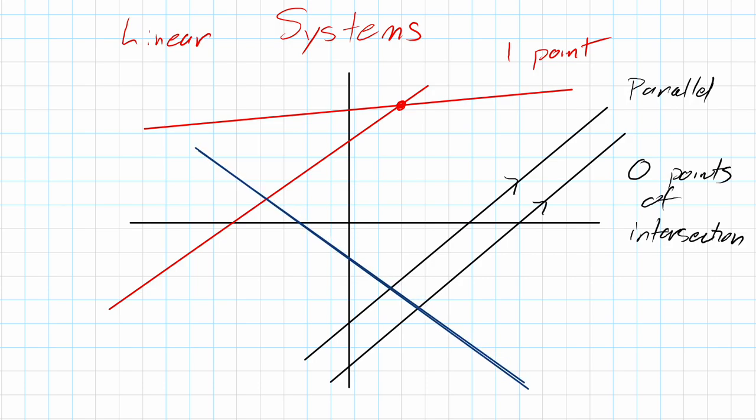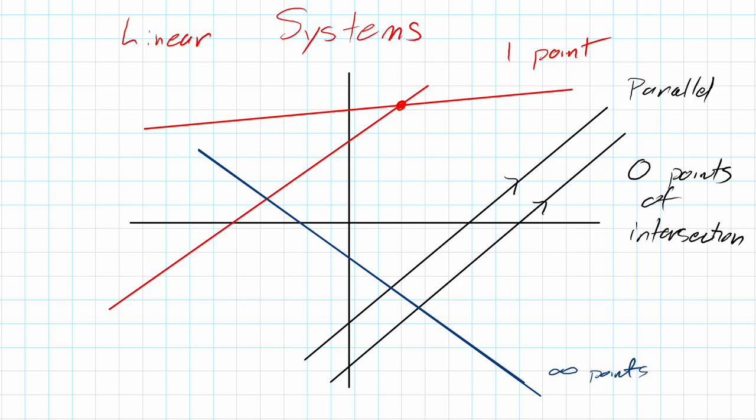Hopefully it makes it look a little thicker. It goes like this. These are systems that have infinite points of intersection, okay?